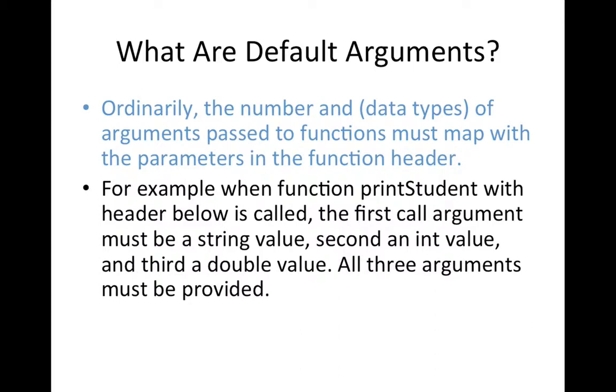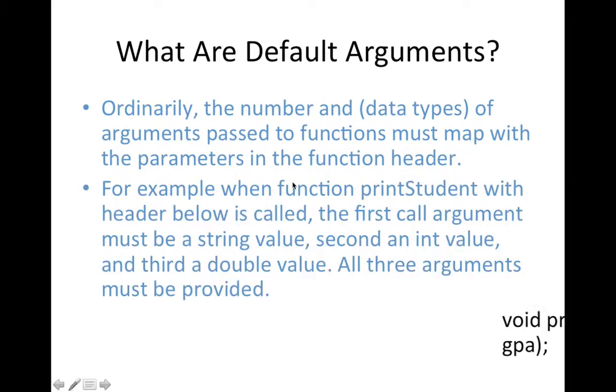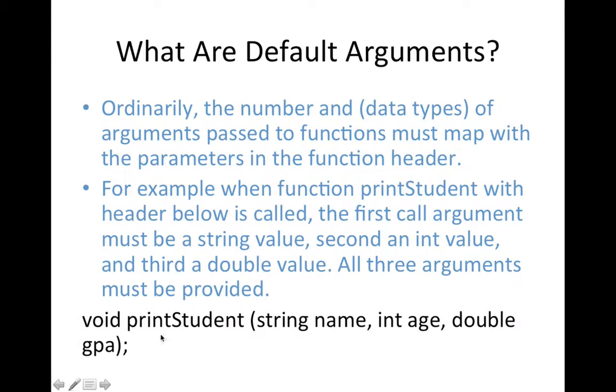Okay, so we're showing you the same thing with an example. Here's a function called print student. It takes 3 parameters. First parameter is string, and here we are showing just the header. And second parameter the age of the student, and third parameter the GPA. So when a function print student with the header below is called, the first call argument must be a string value.